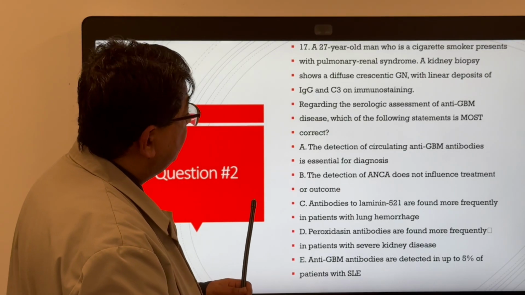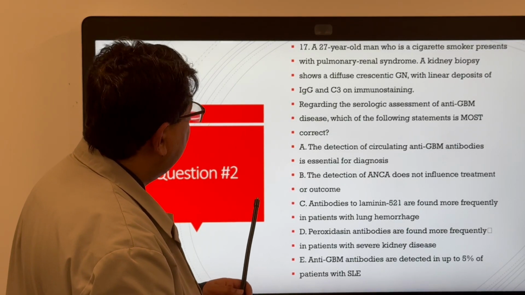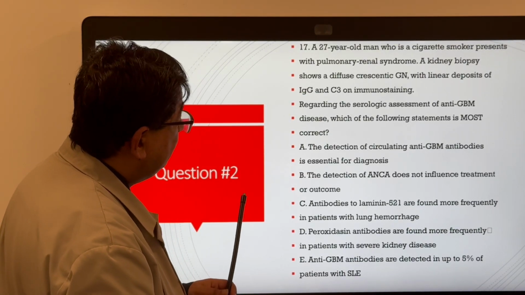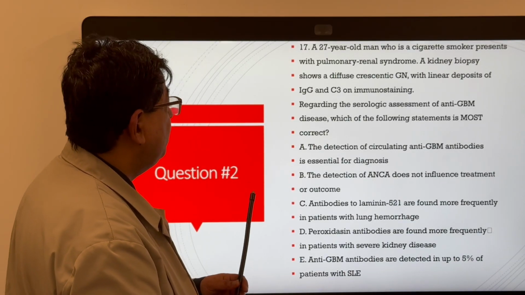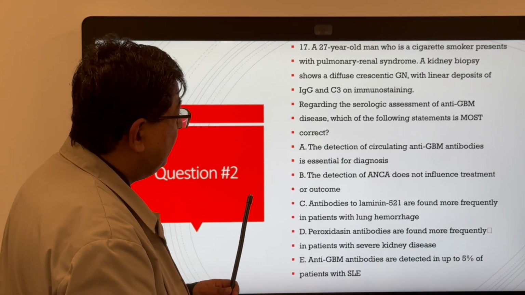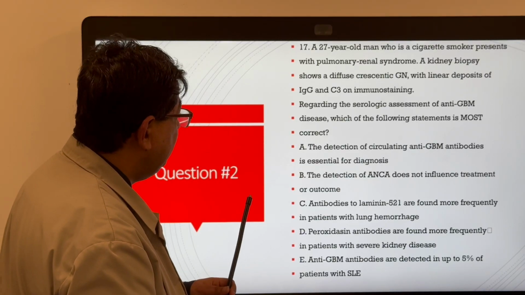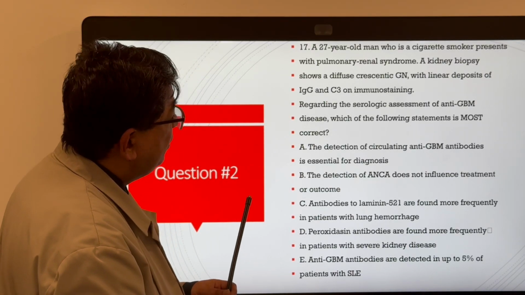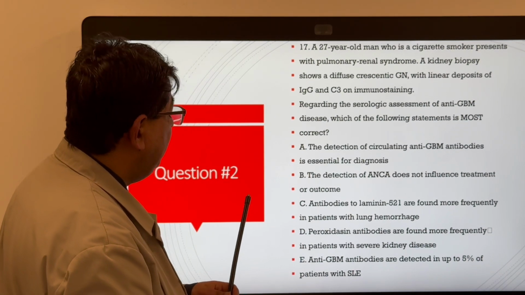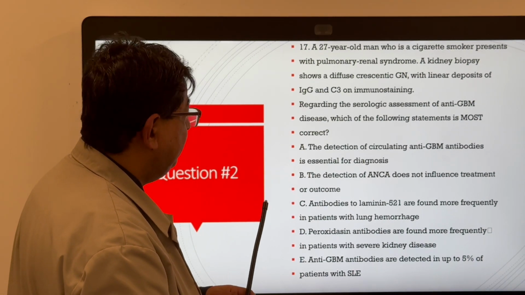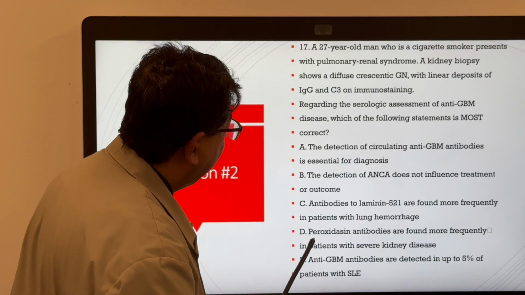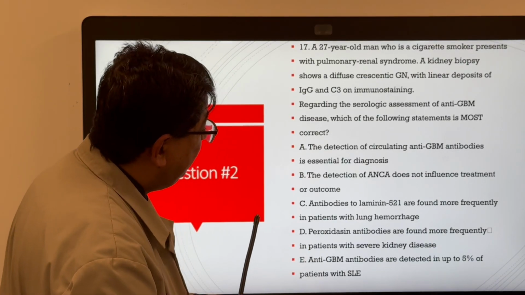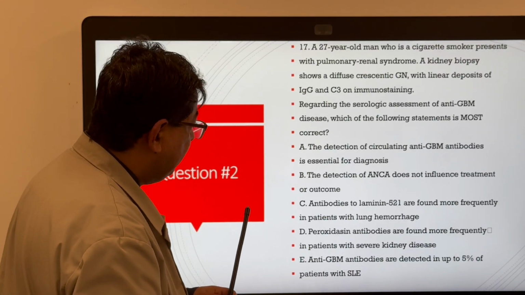A 27-year-old man who is a cigarette smoker presents with pulmonary renal syndrome. A kidney biopsy shows a diffuse crescentic GN with linear deposits of IgG and C3 on immunostaining. Regarding the serologic assessment of anti-GBM disease, which of the following statements is most correct? The detection of circulating anti-GBM antibodies is essential for diagnosis.